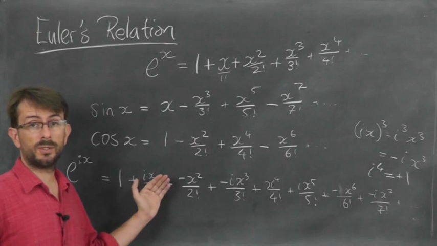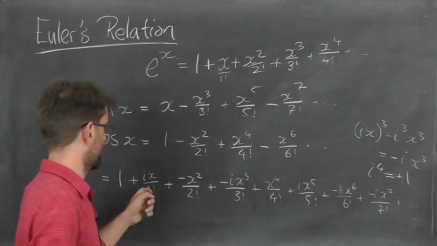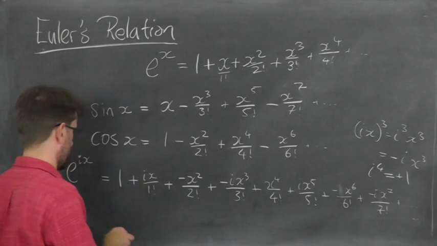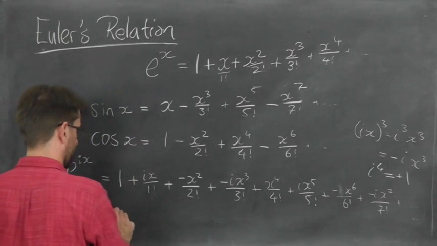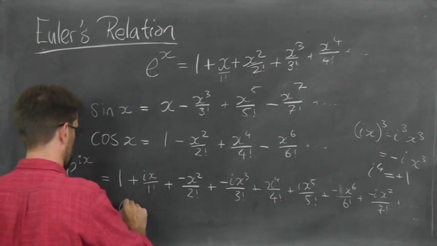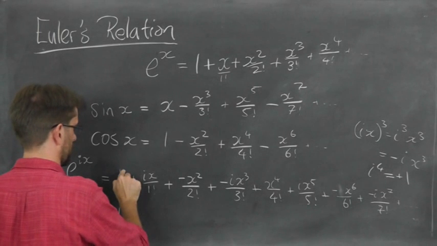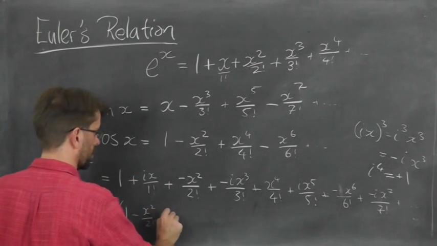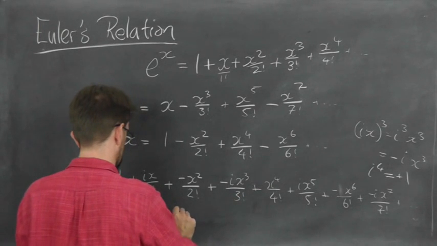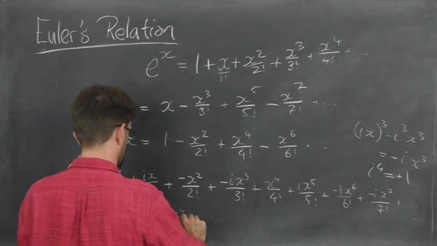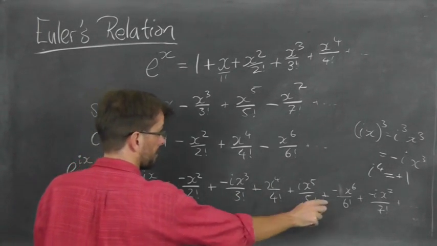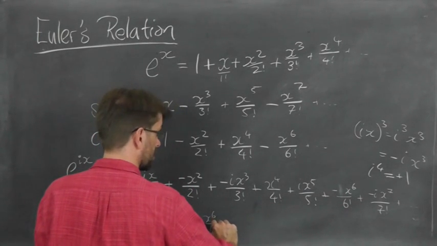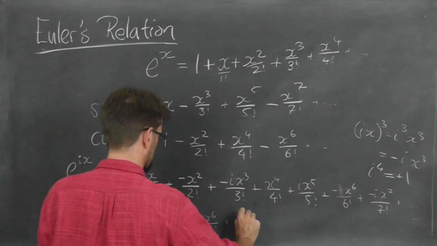Now what we can do is separate this into the real and imaginary parts. So you see that the imaginary parts are the alternate terms. So let's just pull out the real terms. So we get 1, we've done that one, minus x squared over 2 factorial plus x to the 4 over 4 factorial minus x to the 6 over 6 factorial, and so on.